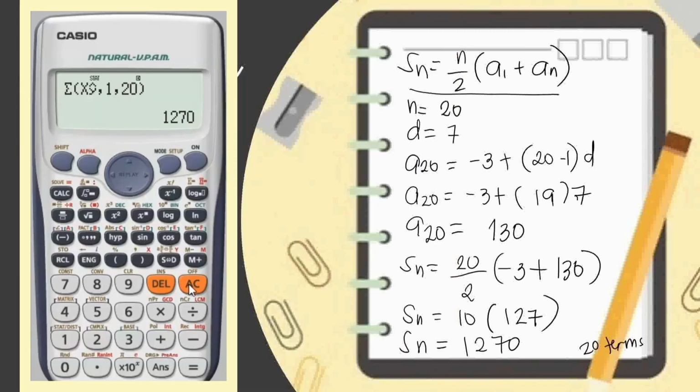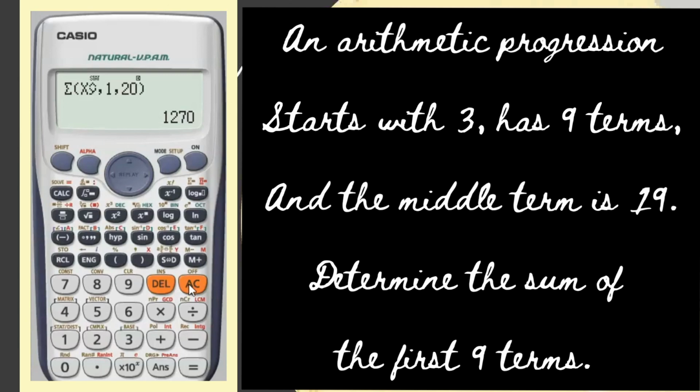And for our last example, an arithmetic progression starts with 3, has 9 terms, and the middle term is 19. So, determine the sum of the first 9 terms. So, yung arithmetic sequence daw, mayroon daw 9 terms. And then, yung middle term, that is equivalent to 19. So, mode 3, 2.